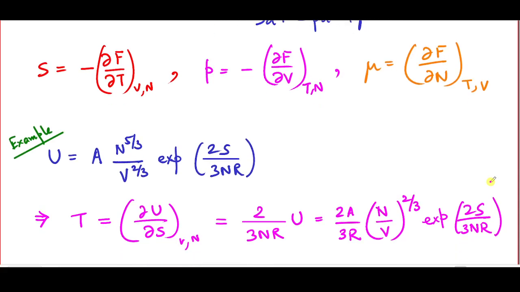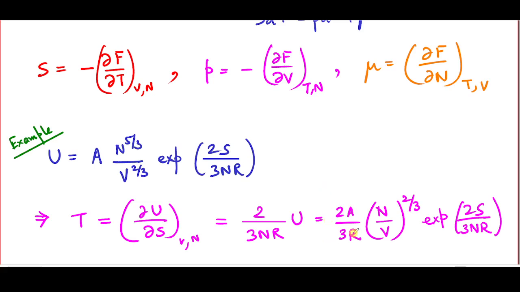The first step would be to figure out what temperature is as a function of S, V and N. Now, that is a pretty straightforward thing. That is something we have already done before. It's 2 by 3 nR times U. And since we want to figure out S from here, we have to replace the U by this whole expression. And that's what this will come out to be.